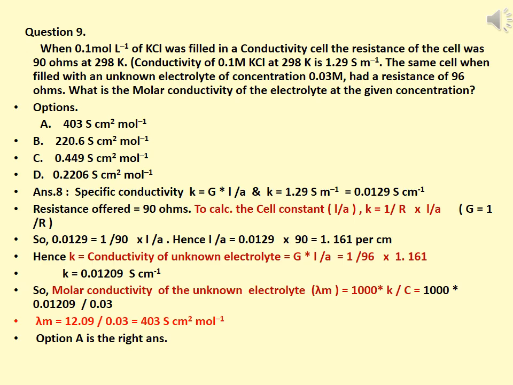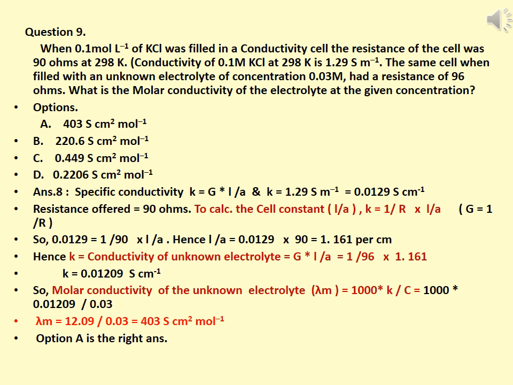So we need to calculate the molar conductivity of the electrolyte which is filled in the conductivity cell. 4 options are given. We have to choose the right option. Now, if you look at this problem, it can be solved in 3 steps.